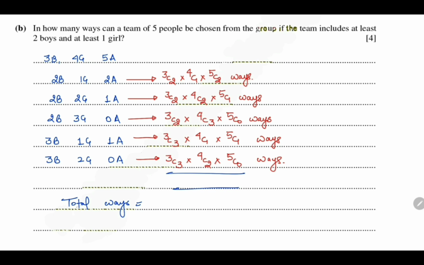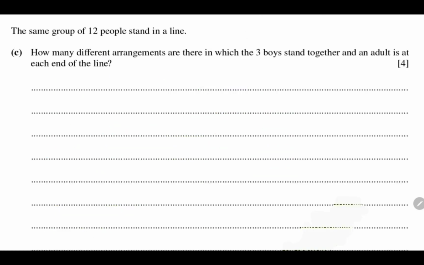Okay, now let's move to the next question. In this part, the same group of 12 people stand in a line. How many different arrangements are there in which 3 boys stand together and an adult is at each end of the line? If I make the arrangement, on the extreme ends we have 2 adults, and in the middle it is given that 3 boys must stand together.